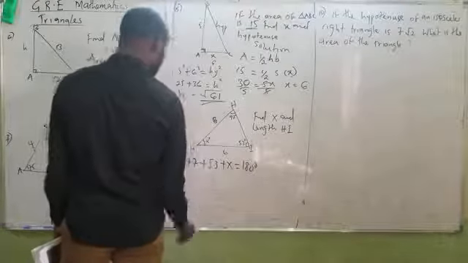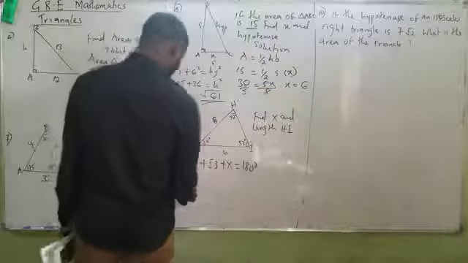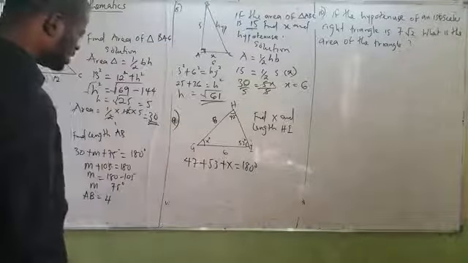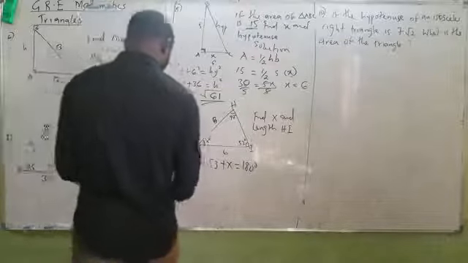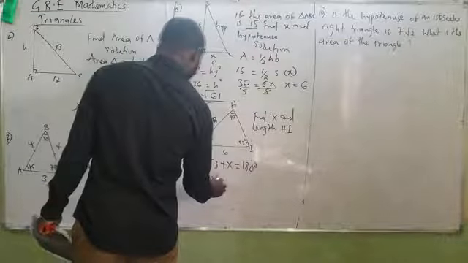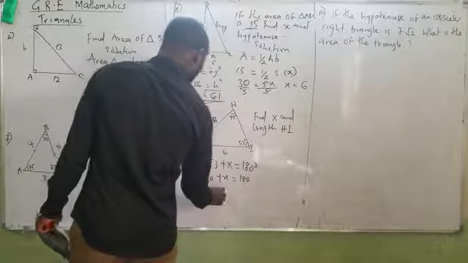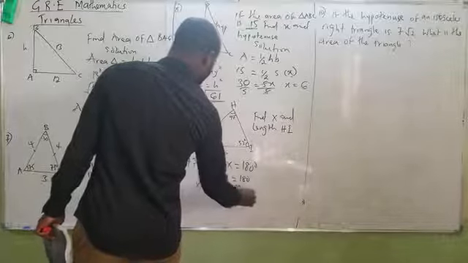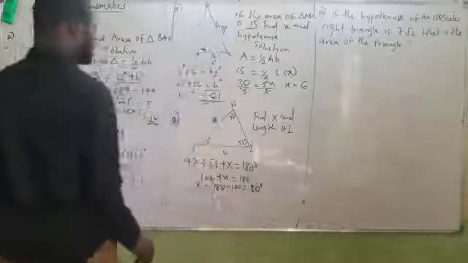This and this give us 100. Yes, it will be 100. Hope I'm not making a mistake. It means 100 plus x equals 180. My x will be equal to 180 minus 100, which is 80 degrees.